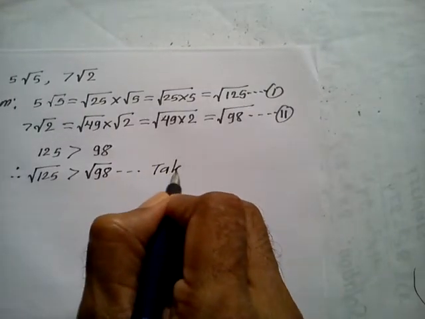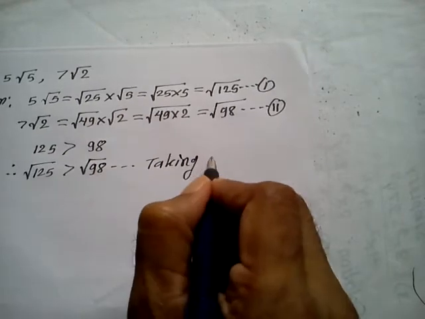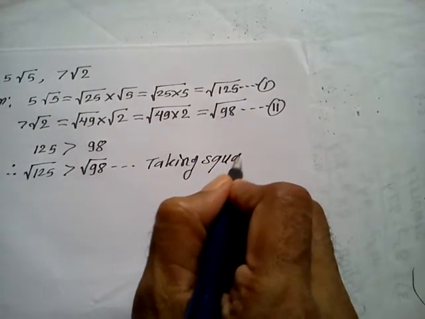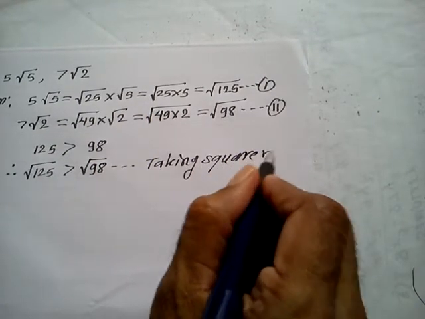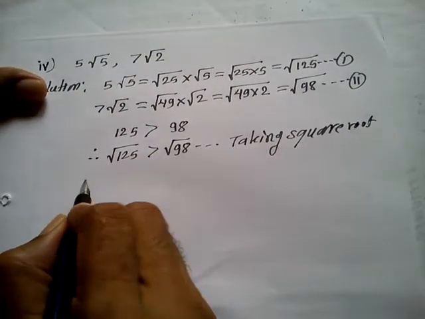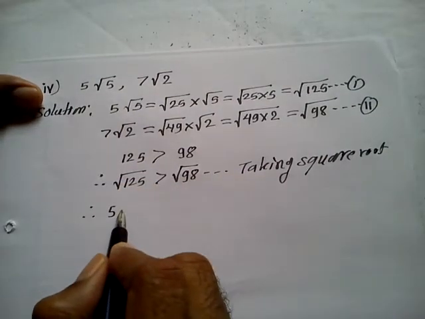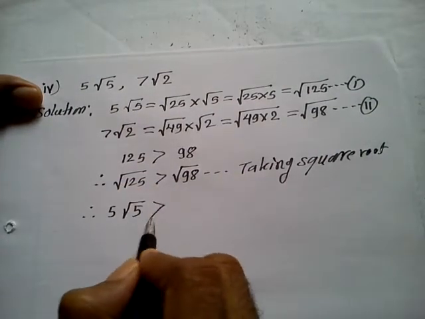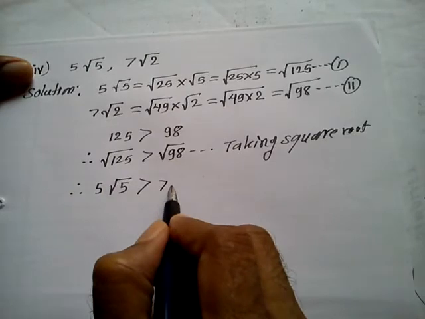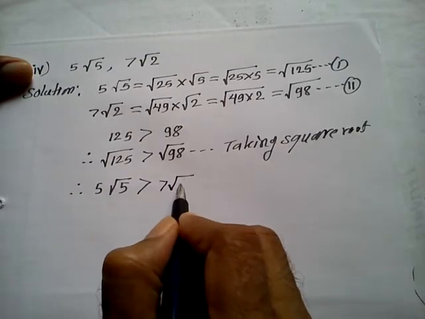Taking square root on both sides, therefore 125 means 5 root 5 is greater than 7 root 2.